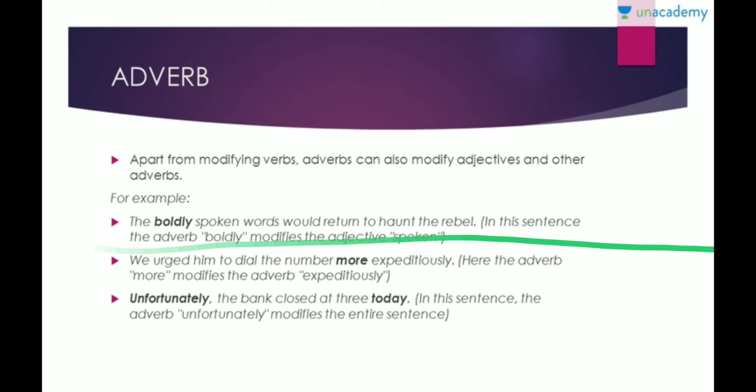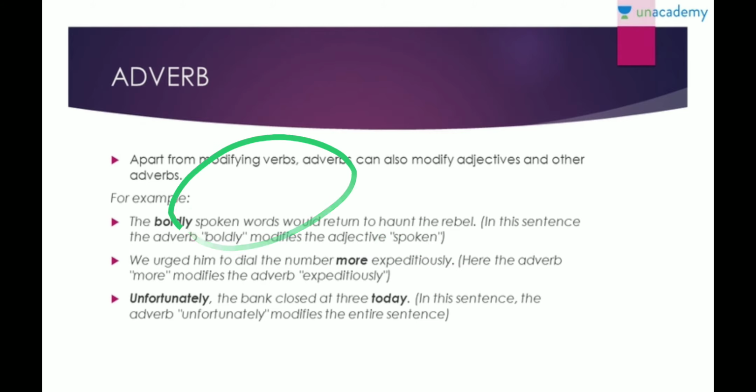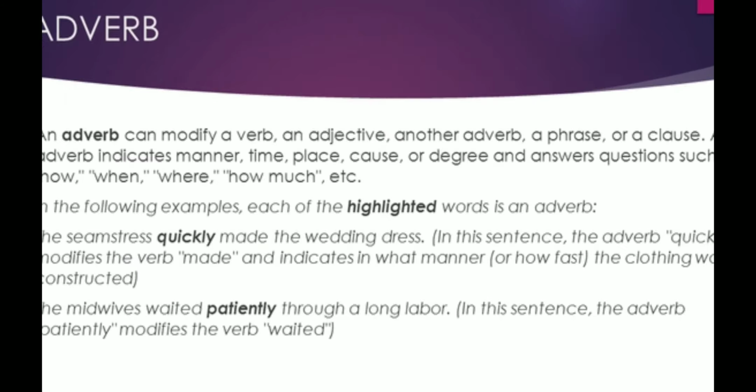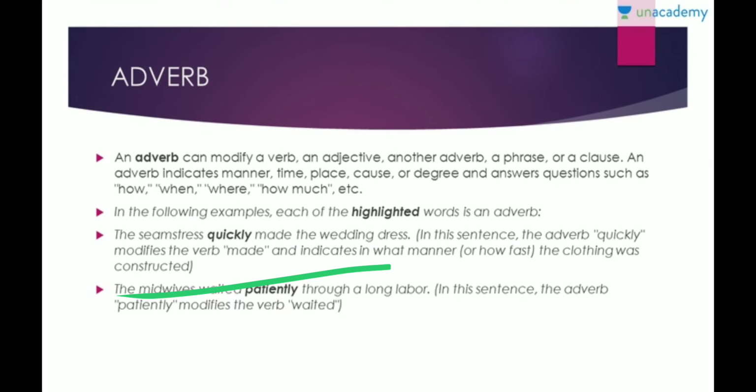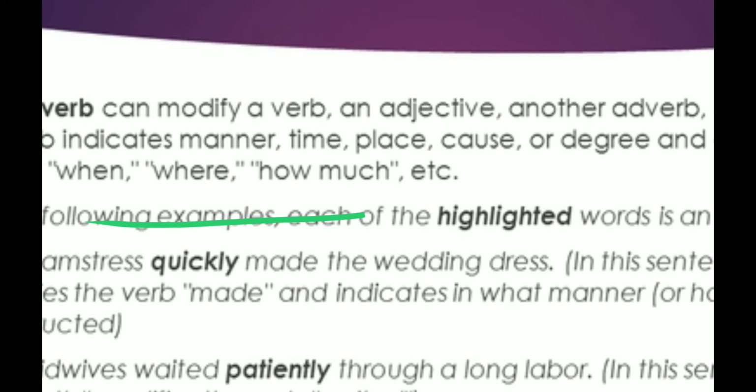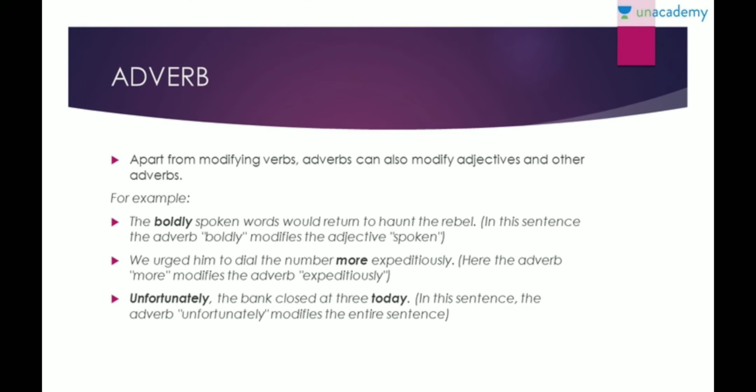Here the adjective spoken is being modified by boldly, how it was spoken, in a very bold way. Like we discussed before, the questions how, when, where, how much are covered by your adverb.